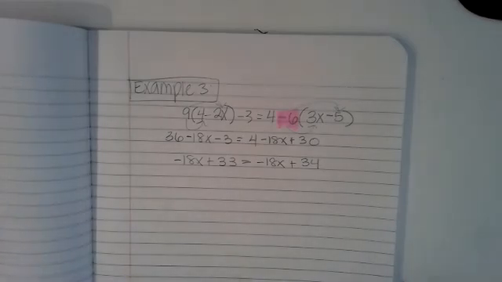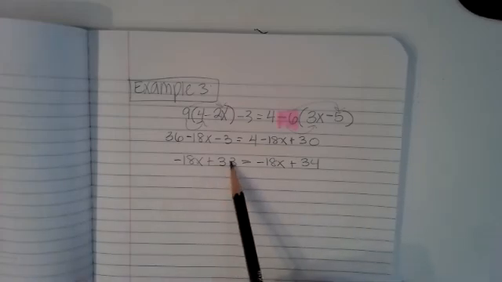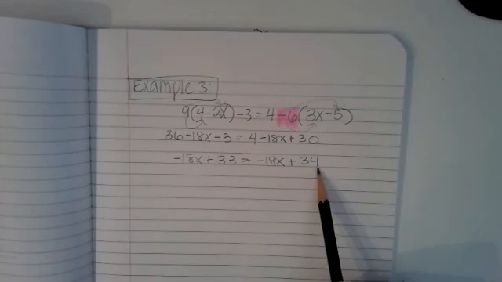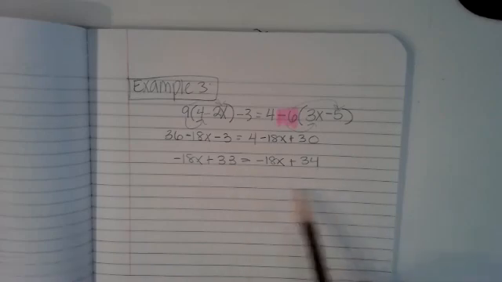And then what else do we notice? Do they have the same constants? No, they do not. So this party over here is having 33 people attend, and this party over here is having 34 people attend. Is that the same number of people at each party?